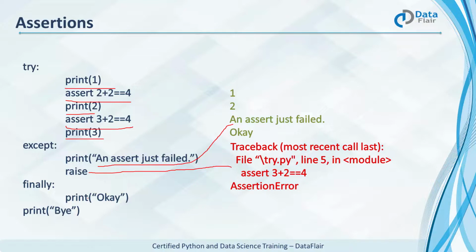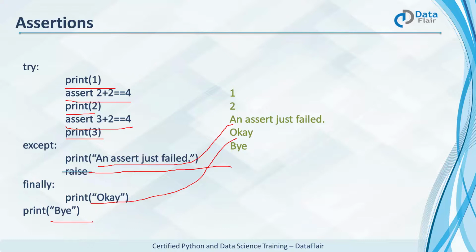And finally, it prints OK. Bye isn't printed because we re-raised the exception when handling it, so the program is now halted. If we hadn't re-raised it, there would be no traceback and it would print bye as well.